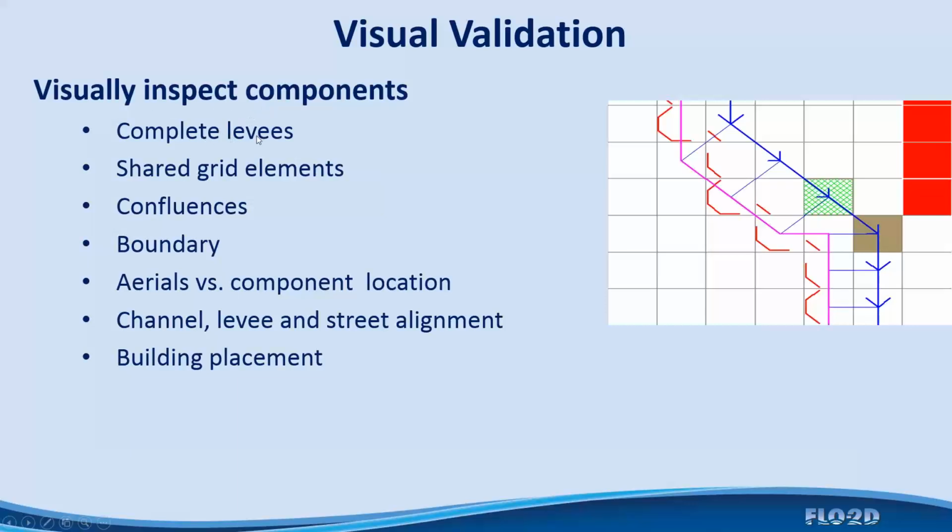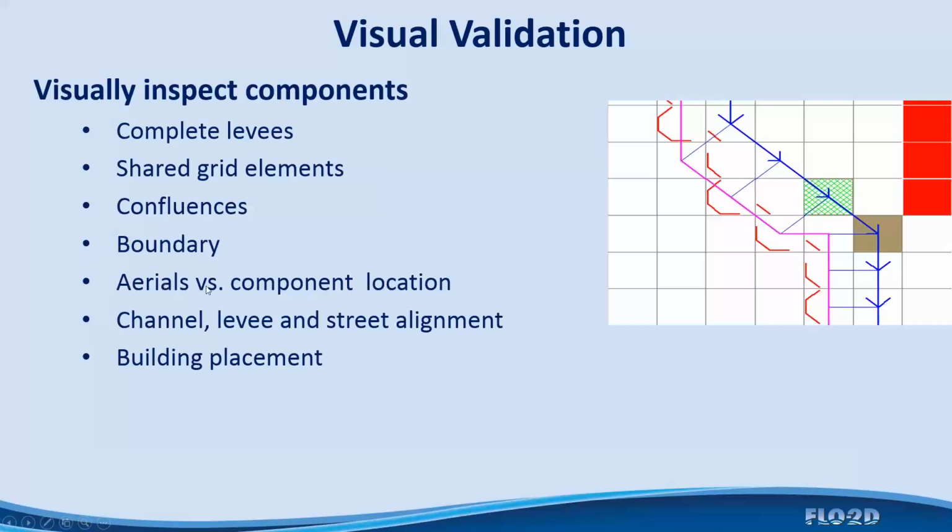Are the levees complete? Are you sharing grid elements between hydraulic structures and levees or something? Whether or not the confluences make sense. Whether or not there's flow against the boundary, and do you need outflow nodes? We'll look at this a little more closely in a second.